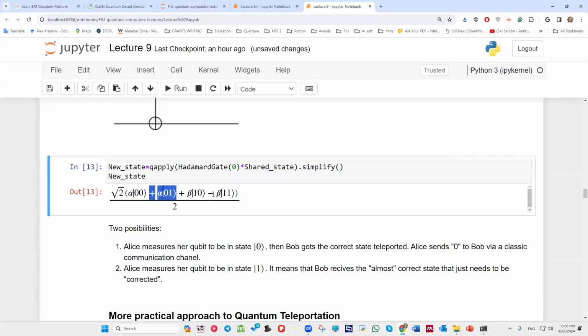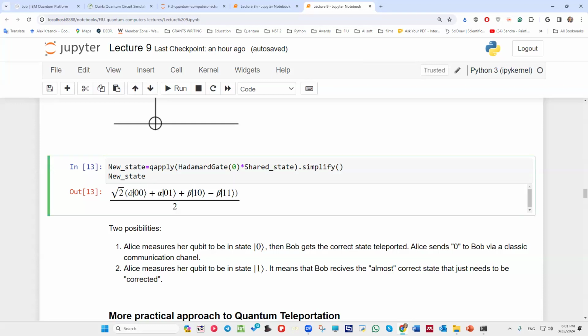And these two are gone. They are not realized after the measurement. Okay, so if she measures 0, she will get this term and this term, which is perfectly what she needs, because she knows that at Bob's side, Bob gets the state alpha 0 plus beta 1. This is exactly the state she wanted to teleport.